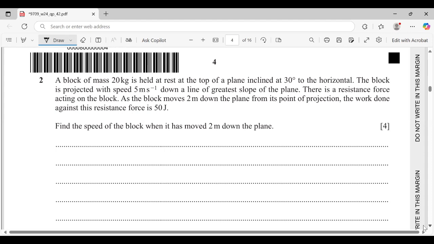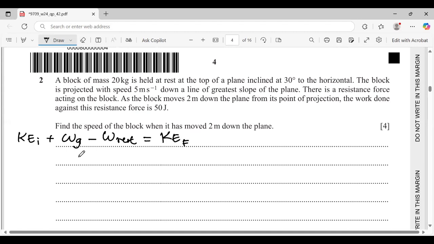Using the work-energy principle, I would like to write the formula to get the final kinetic energy: the initial kinetic energy plus work done by gravitational force minus work done against resistance equals the final kinetic energy.